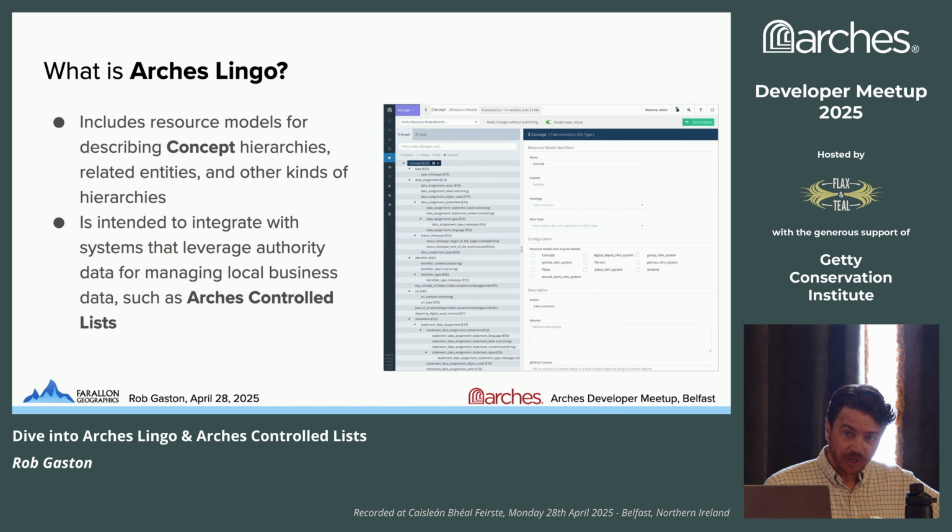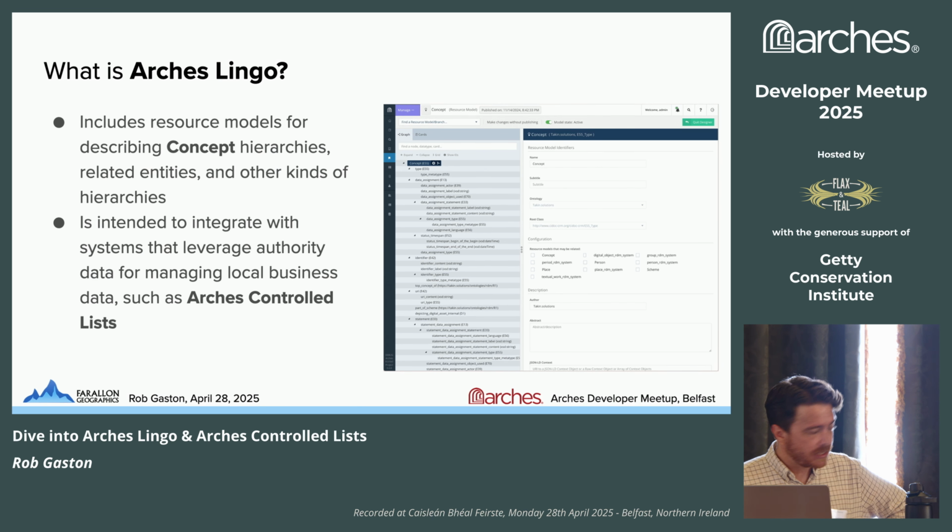So it actually includes those resource models that I described for creating concept hierarchies, related entities, and there's also models for creating other kinds of hierarchies that we envision using in the future. So hierarchies of people and groups, hierarchies of time periods, hierarchies of places.